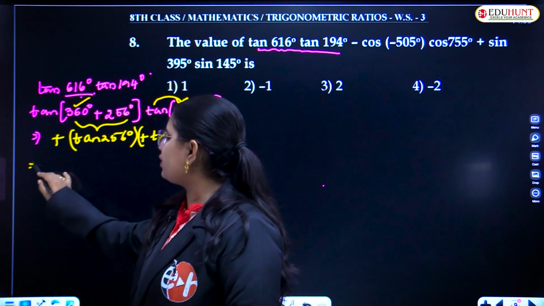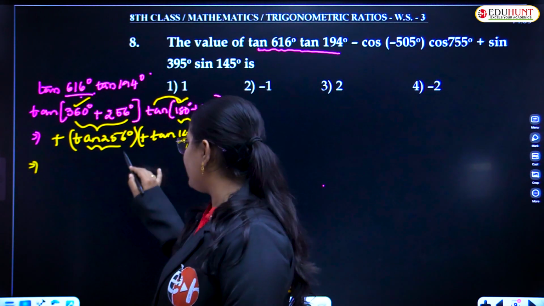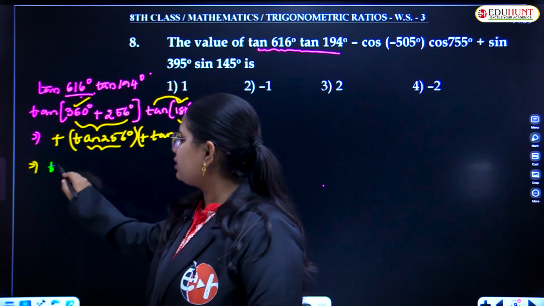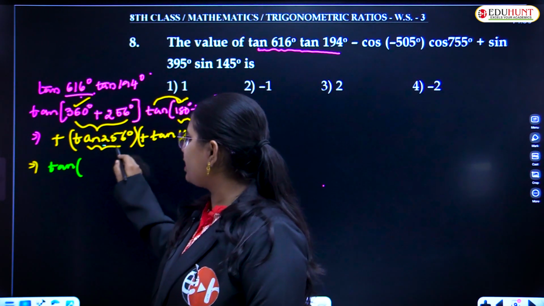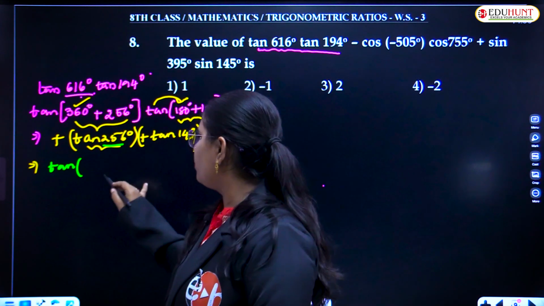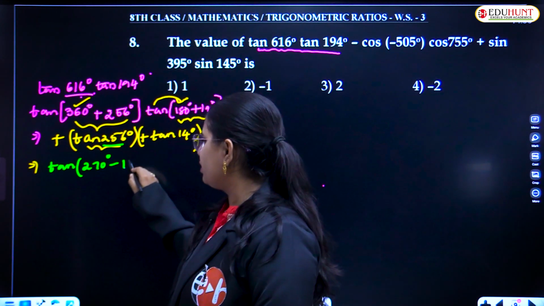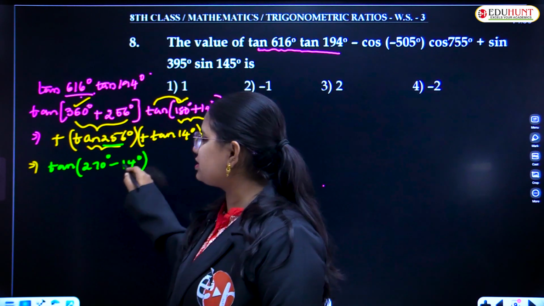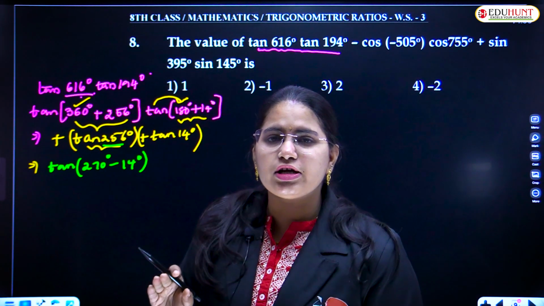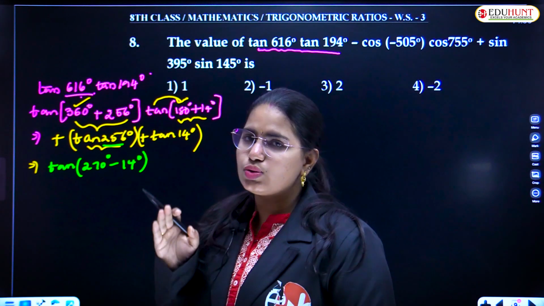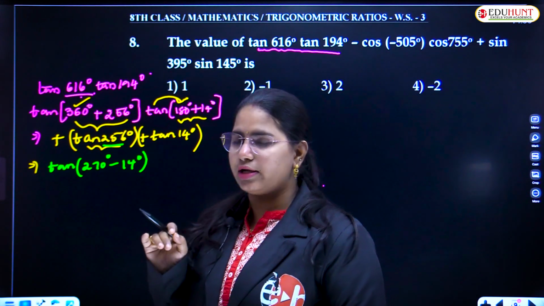If I simplify tan 256 further, how can I express it? Tan 256 can be expressed as 270 degree minus 14 degree, correct?